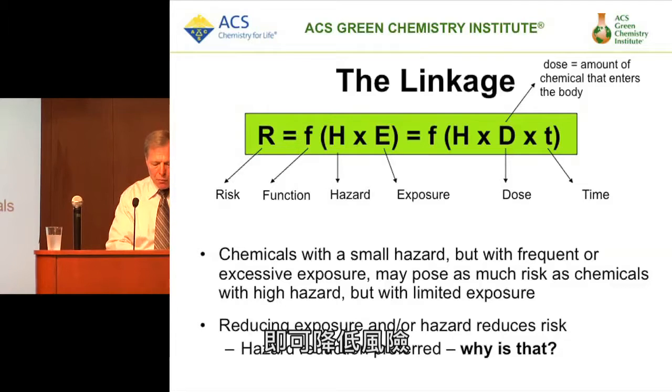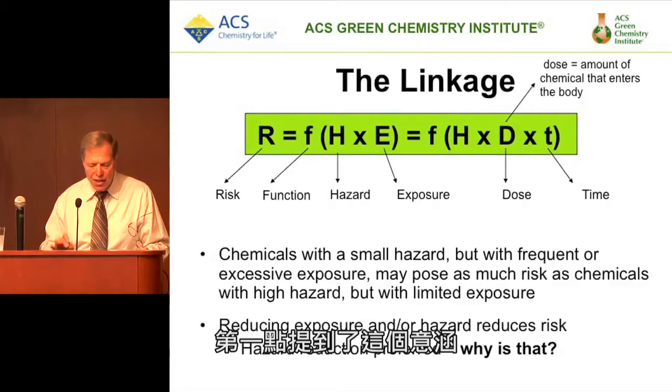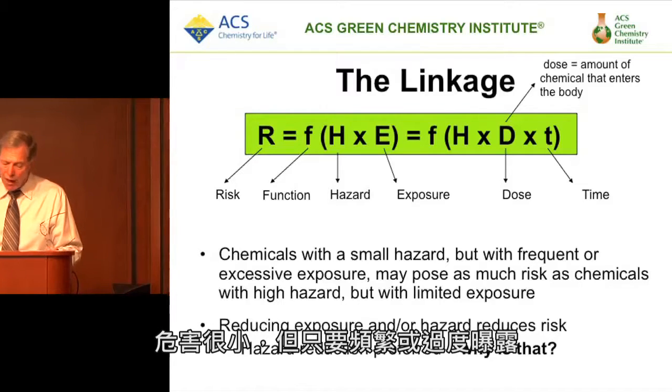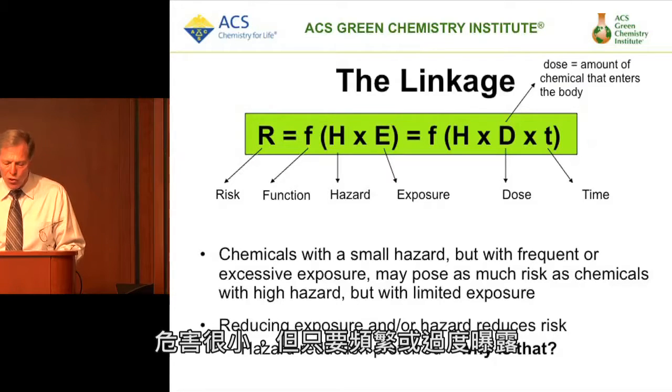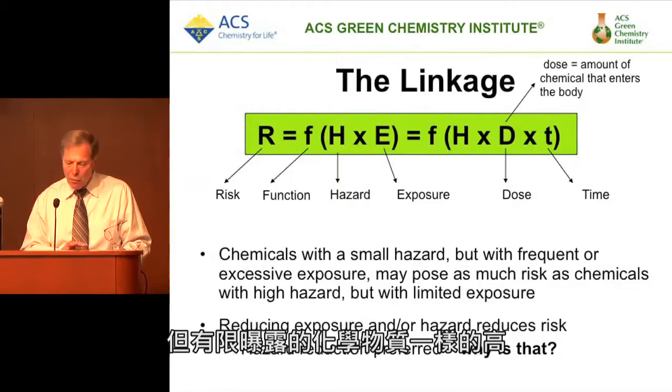And this first bullet here will show the implications of that. So with a small hazard, but with frequent or excessive exposure, you may pose as much risk as a chemical with high hazard but limited exposure.